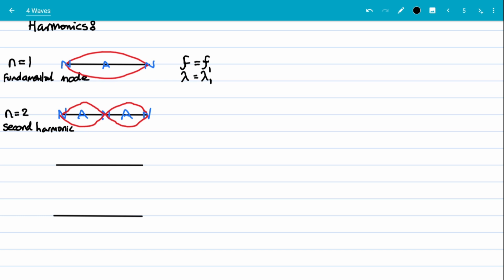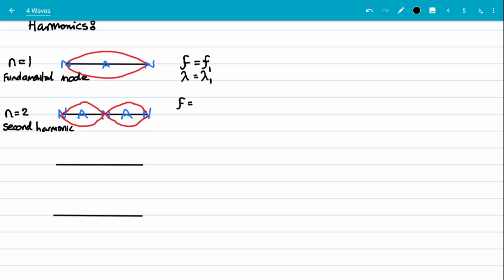Then in this case, the frequency will have to be double that, so f2 is equal to twice f1, and lambda 2 is equal to half lambda 1. And we could do the same thing for the third harmonic, and we will.